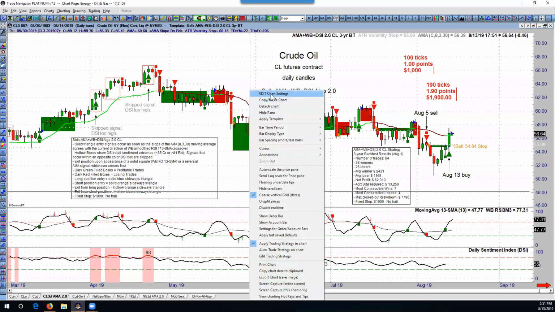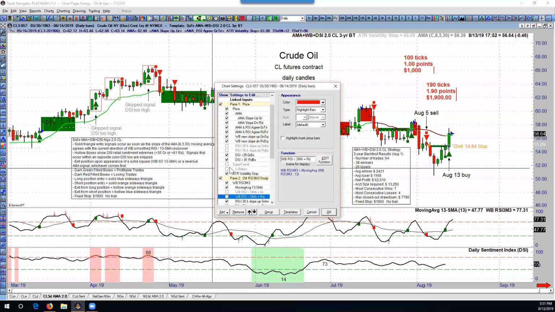And matter of fact, I need to go to the settings. Green zone. Yeah.